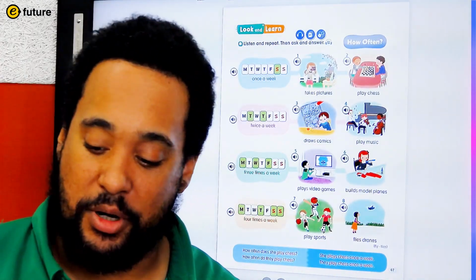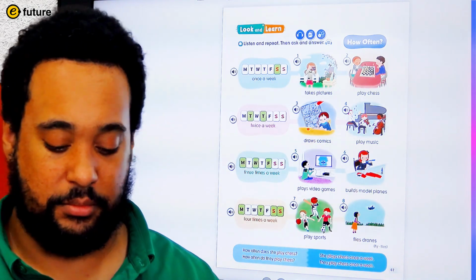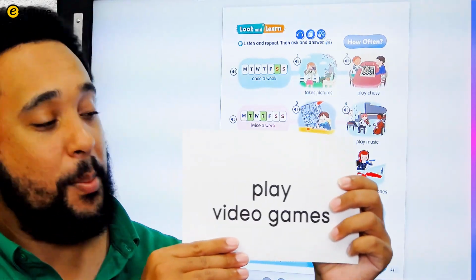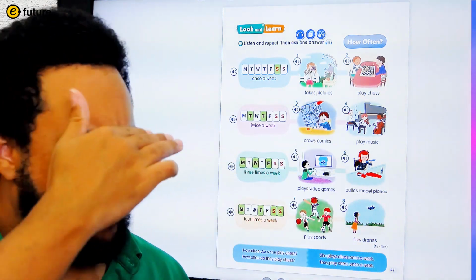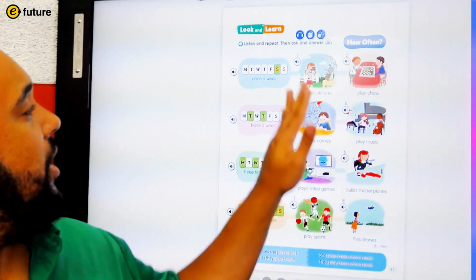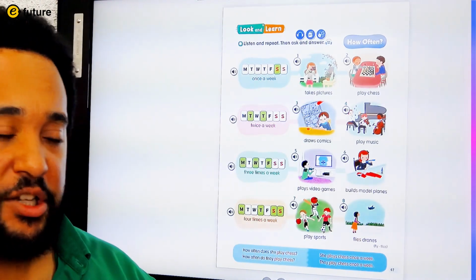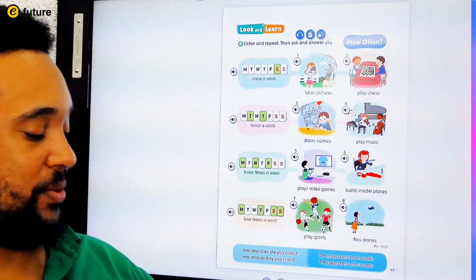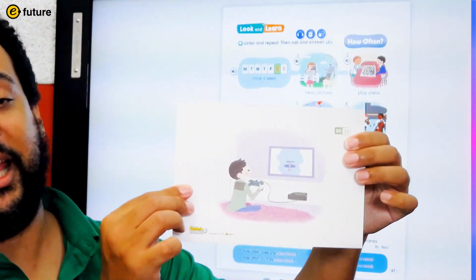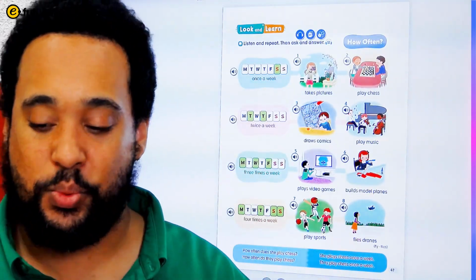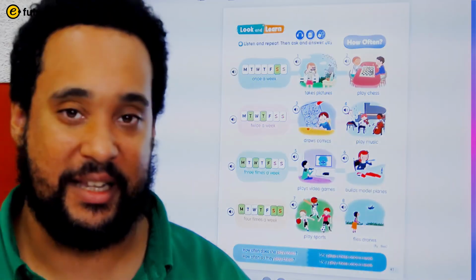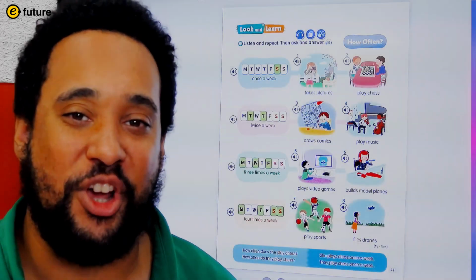So let's practice one right now. Play video games. So can you find your flashcard? Yeah, it looks like this one. So you can hold up the play video games card, just like that. All right, let's do this with all of our flashcards. Let's practice. All right, great job, everyone.